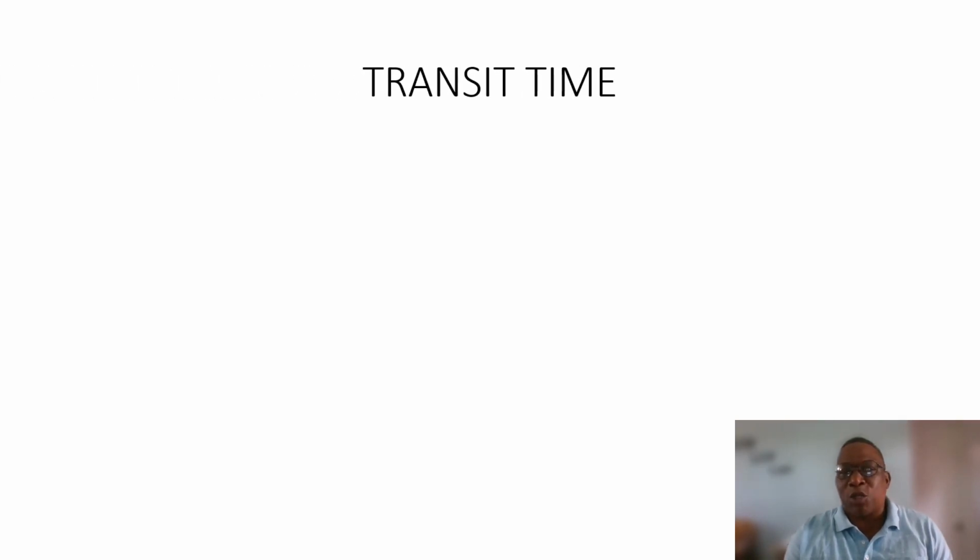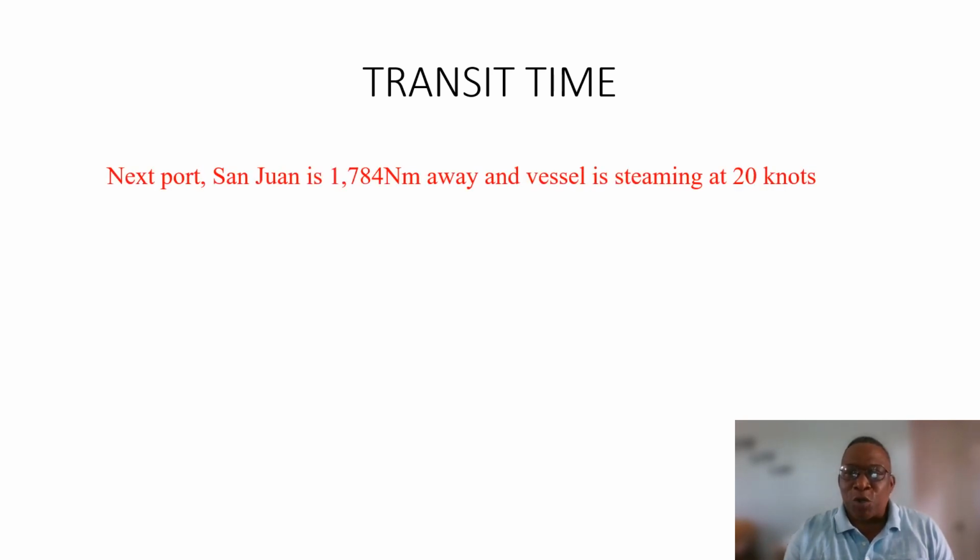Again, using 2 decimal places and only going to minutes, we are going to work the transit time to the next port. Now the next port, which is San Juan, is 1,784 nautical miles away.